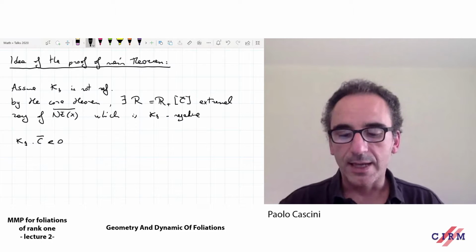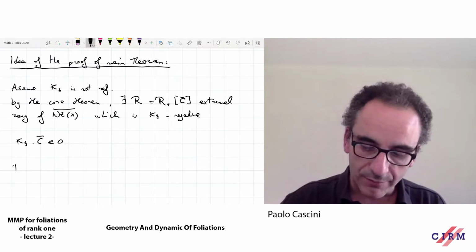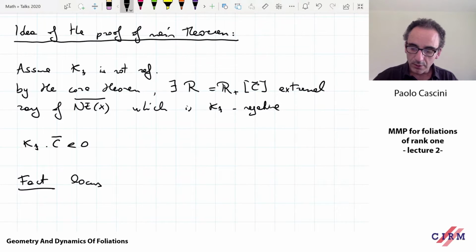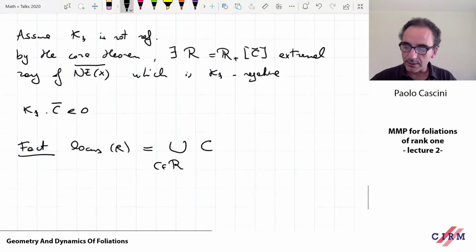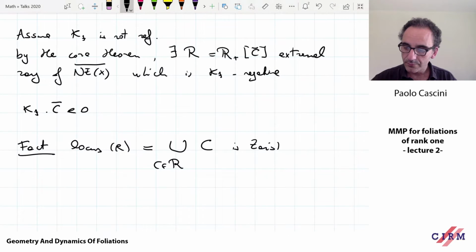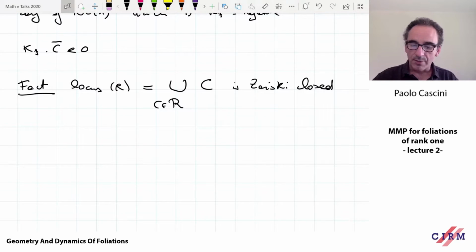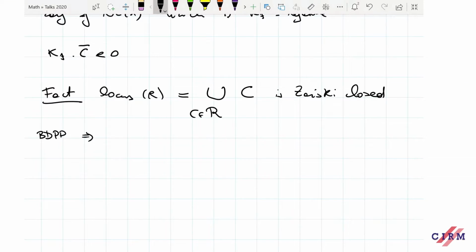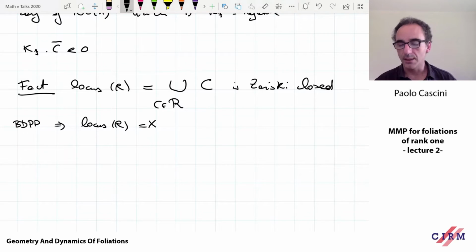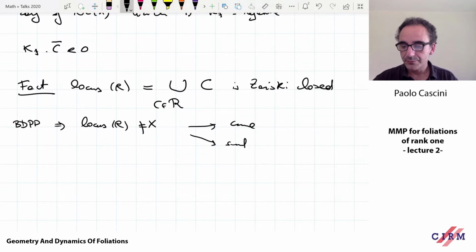Since I'm assuming that K_F is not pseudo-effective, we know that the locus of R, which is the union of all the curves C contained in the ray R, is a Zariski closed set, as also mentioned by Calum yesterday. And by the fact that K_F is not pseudo-effective, BTPP, which has already been mentioned, implies that the locus of R is not the whole X. So since I'm assuming that X is a threefold, there are two possibilities: either it's a curve or it's a surface.